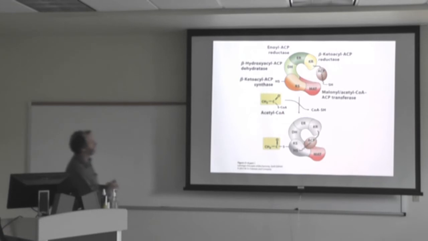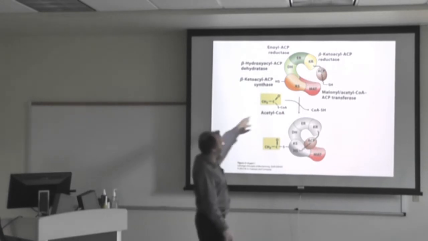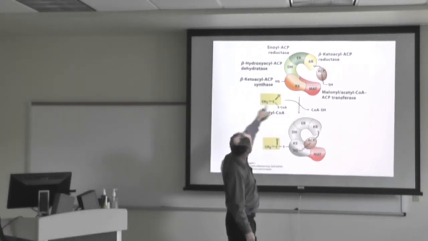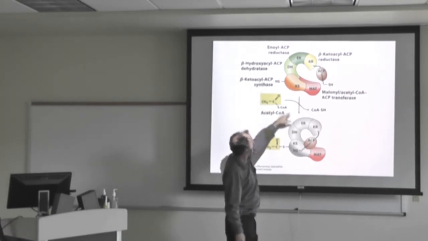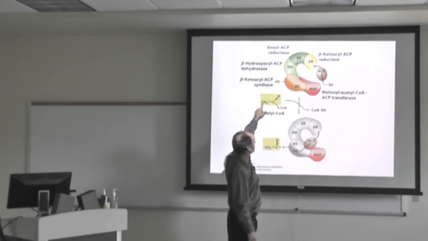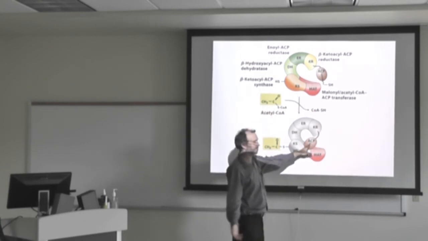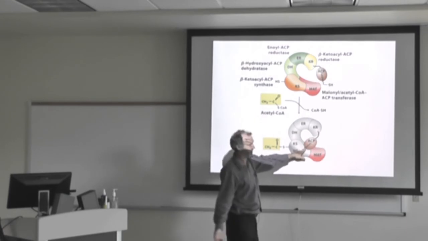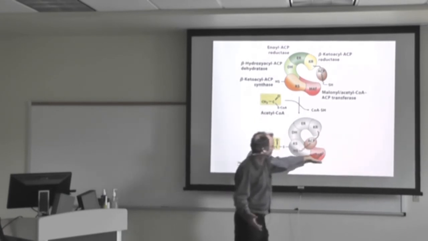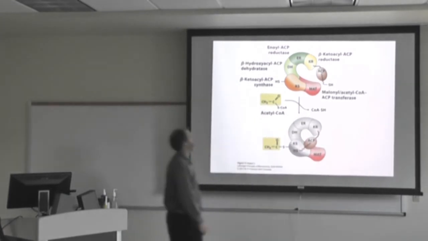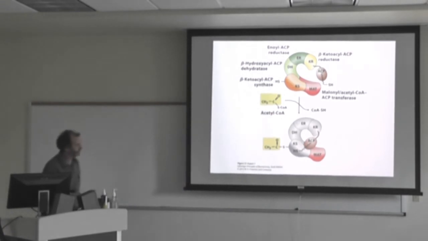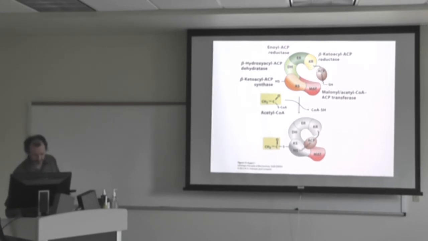So we have the malonyl acetyl-CoA ACP transferase. Acetyl-CoA comes in. The acetate unit gets transferred from the coenzyme A to the, not the acyl carrier protein, the fatty acid synthase, in the beta keto ACP synthase subunit.